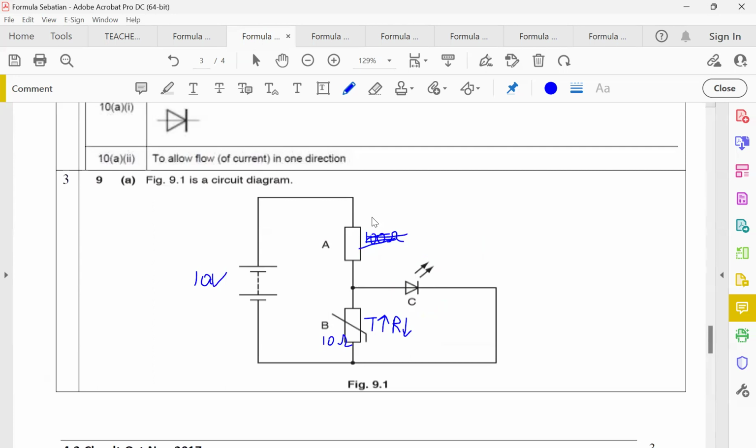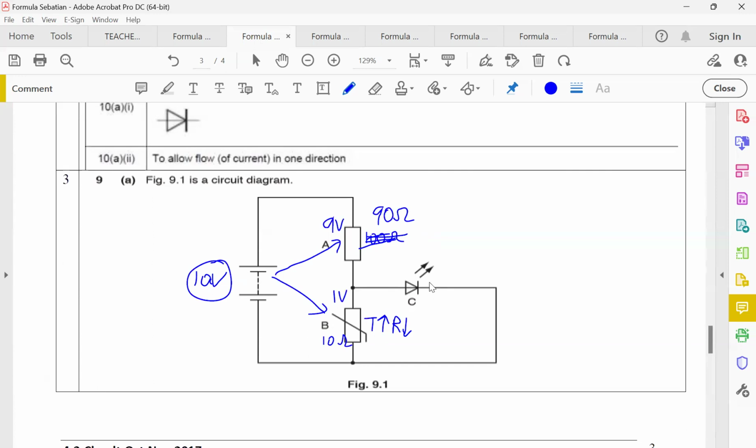In this scenario, before the temperature dropped, this 10 volts will split how much voltage to here and how much voltage to here? 9 and 1 volt, right?